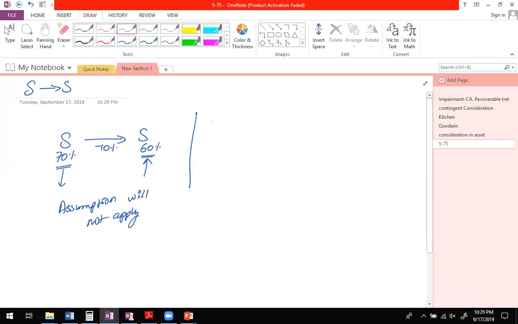Rather, if we have disposed of 10% of the shares, this means that the NCI, which was previously 30%, has now increased to 40%.